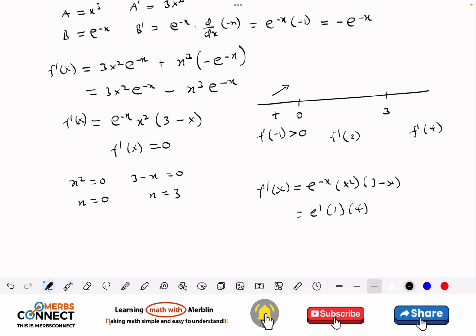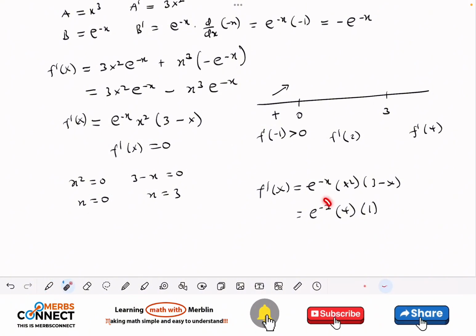Then I pick the 2. So when I plug in 2, I'm going to have e to the power -2. 2 squared is 4. Then 3 minus 2 is going to give us 1.